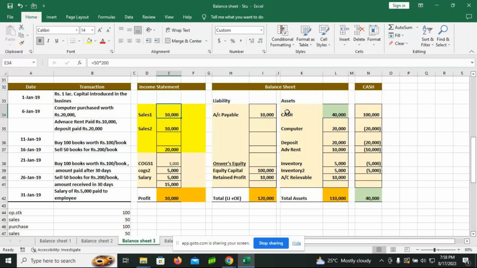Okay, guys, let me check where I am making the mistake. In the meantime, I wanted you people to solve balance sheet 4 and 5. So either somewhere in the sum the question is going wrong or what.